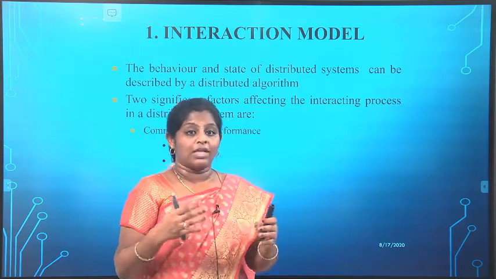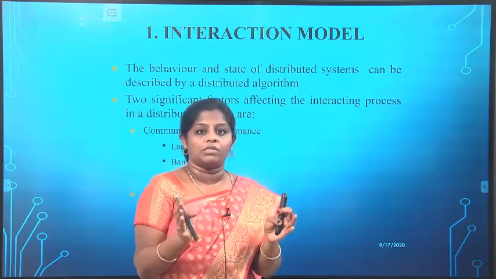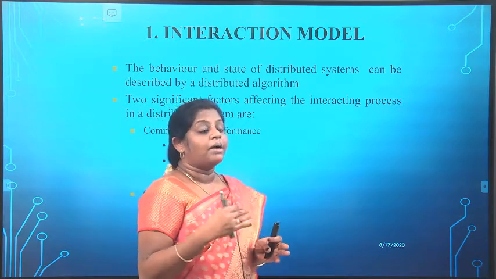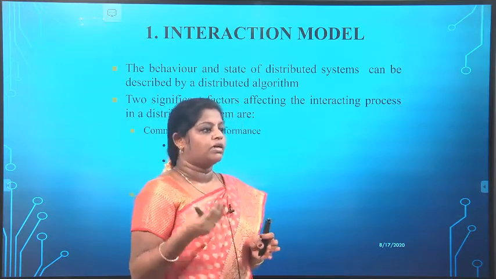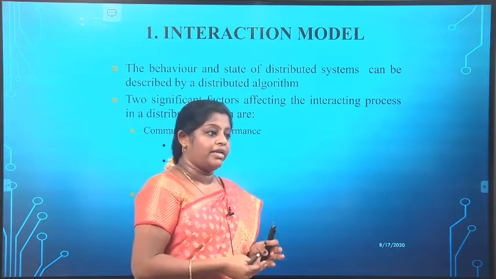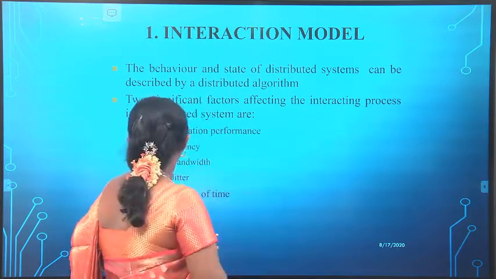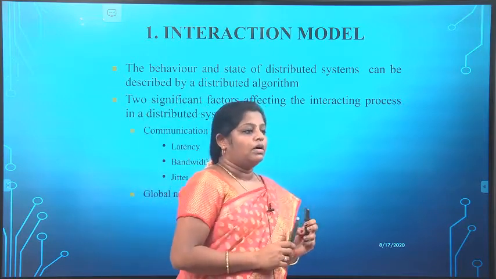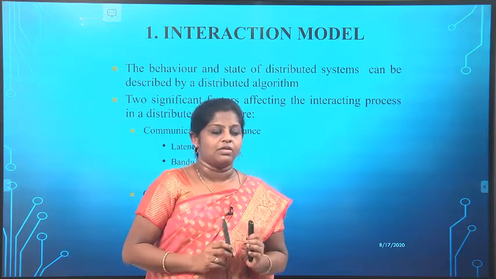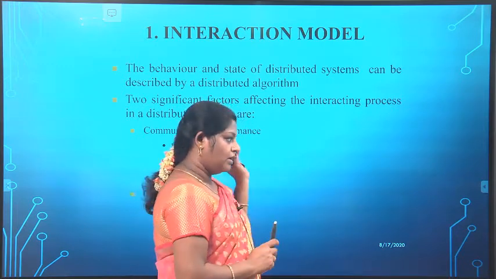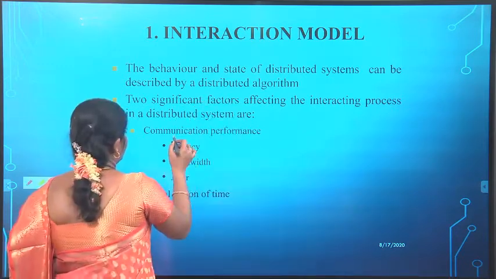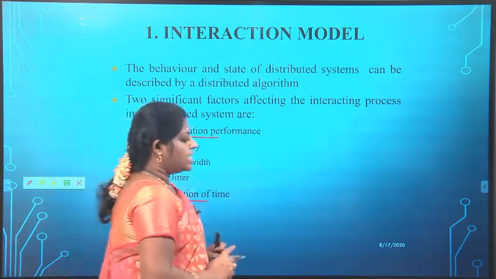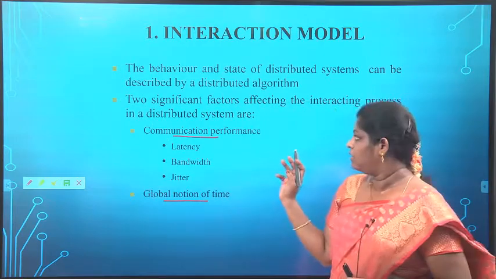So from the name itself, we can tell how the processes or components are going to interact with each other by passing messages to achieve communication and coordination between the processes. And also, in this interaction model, we have two significant factors that affect the interaction process in the distributed system. One is communication performance and another is the global notion of time.